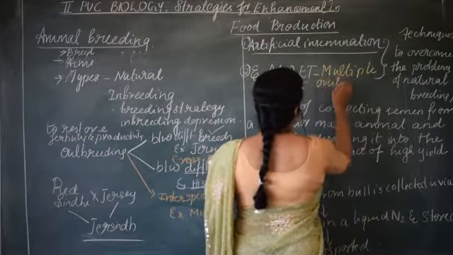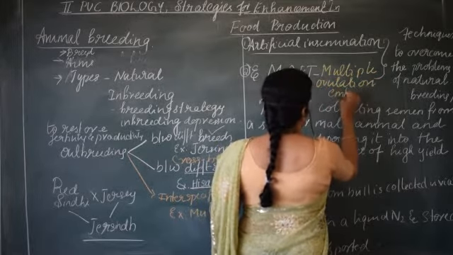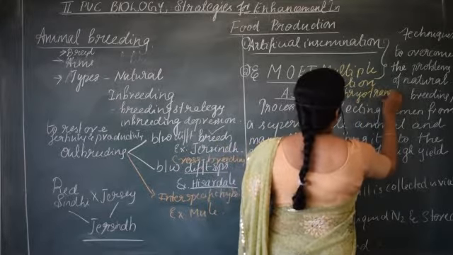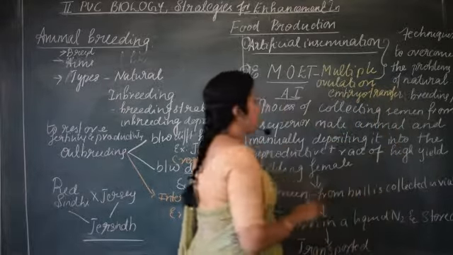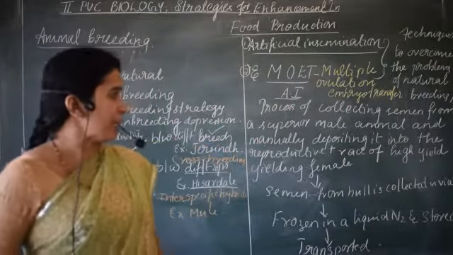It is multiple ovulation embryo transfer. That is MOET. MOET and artificial insemination are techniques to overcome the problems of normal matings.